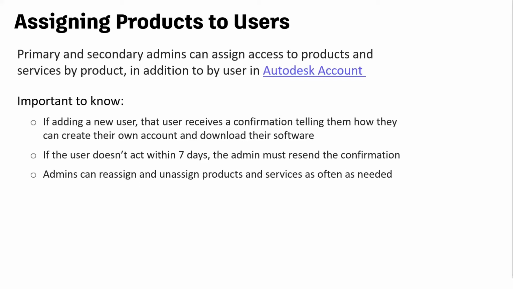The benefit, as noted here in bullet 3, is that you can unassign and reassign access to Autodesk software as often as you need. In our next video, we show you how to assign the products in the Autodesk account, and the last part of the video does focus on our Flex subscriptions, our new purchasing model for any admin that might need help managing those at this time.